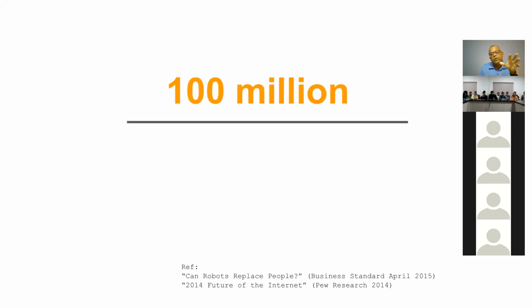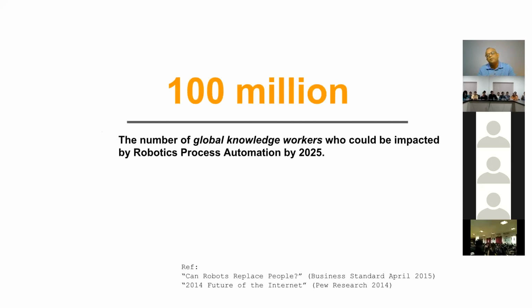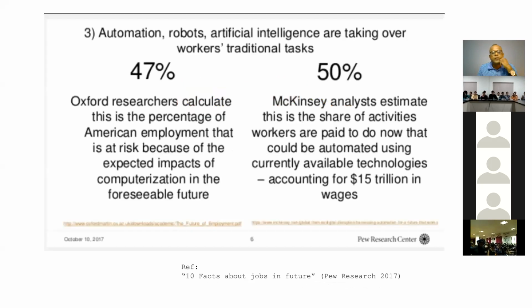I want to give a little bit of a perspective using some data. 100 million is the number of global knowledge workers who would be impacted by what is called robotic process automation. We'll go into what robotic process automation is in a while. So these are the people who we think will get impacted. There are references at the bottom; you can look at them at your leisure to see where this number is from.